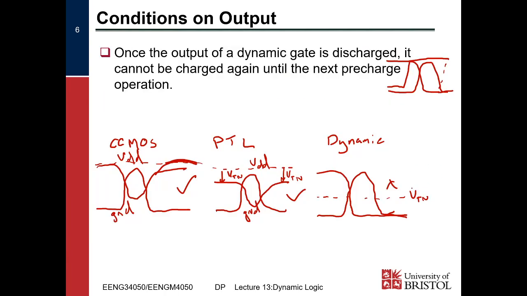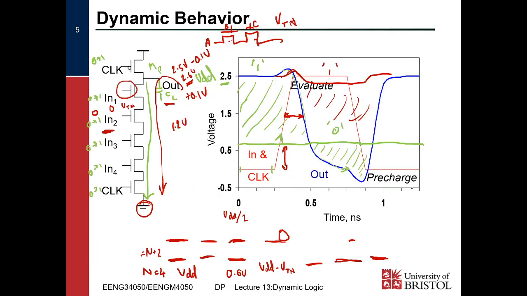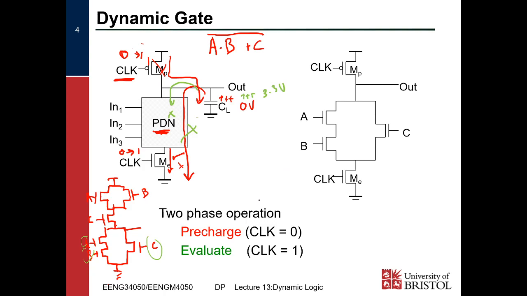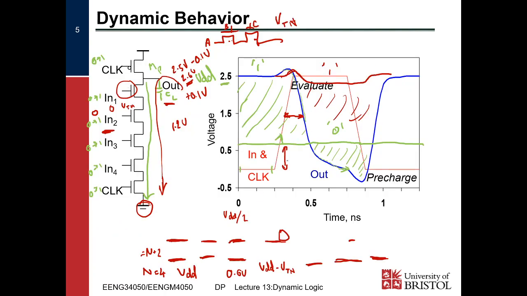Well, remember, this is dynamic logic. After every discharge, regardless of how it managed to discharge, regardless of what the inputs are, there is a pre-charge cycle, because it doesn't know what the next input values are going to be, so it has to charge it back up to VDD.